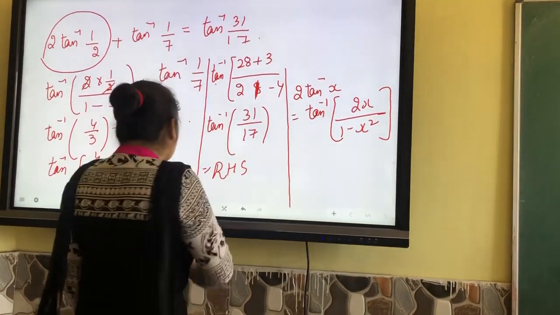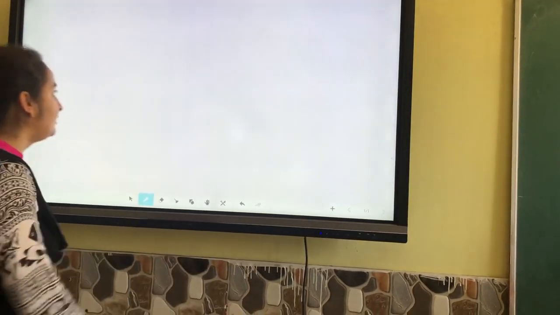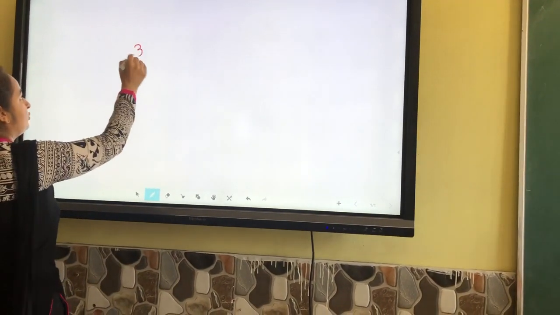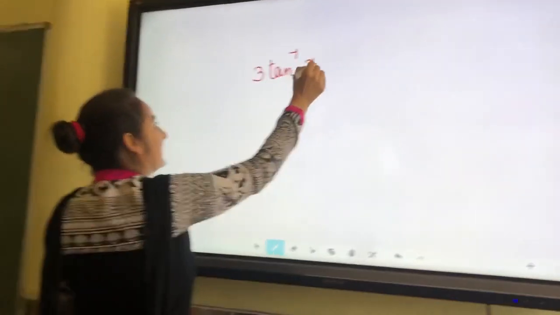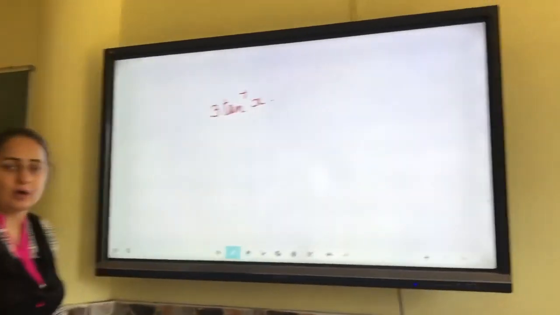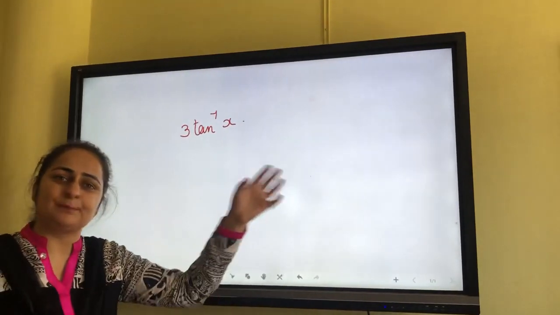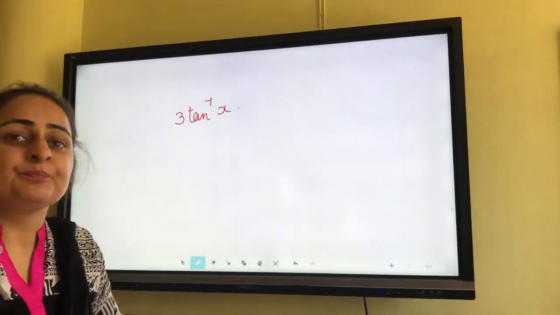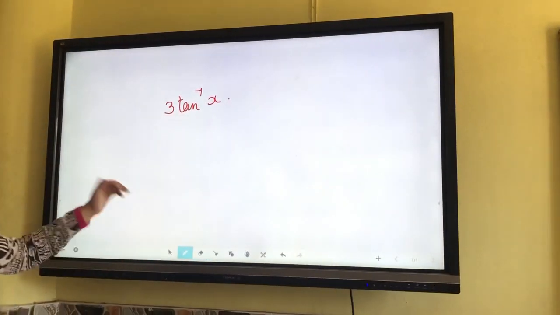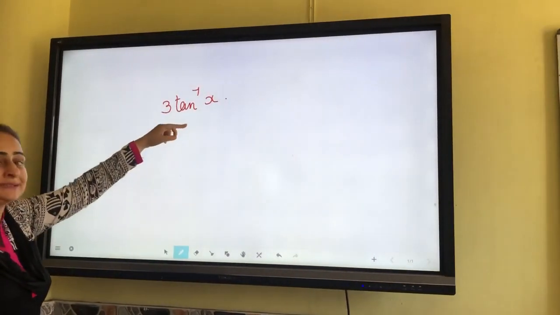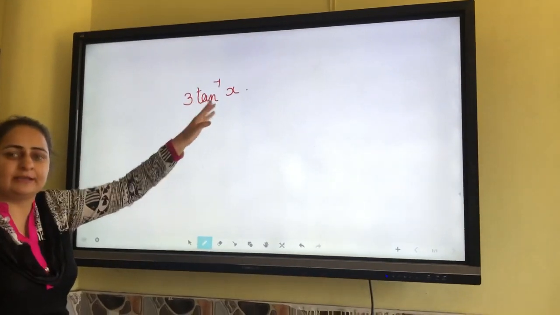Then how will you write it if there is coefficient 3 in place of 2? Suppose the question is 3 tan inverse x. We had a formula for tangent inverse x plus another tangent, and for 2 tangent inverse x, and one more result, that is if there is 3 tan inverse, 4 tan inverse and 5 tan inverse.